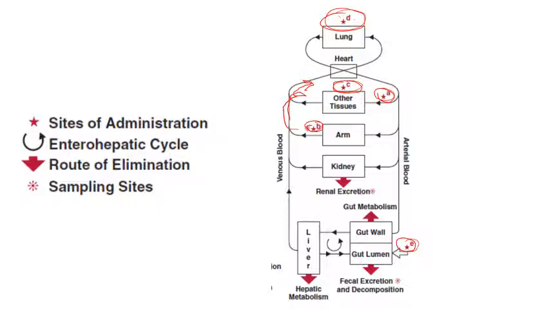For the sampling sites, which are labeled here by the star, we can sample drugs from the venous side. Also, we can sample drugs from the fluid excreted with kidney or urine, and also we can do sampling from the fecal excretion through the gastrointestinal tract. So these are mainly the sites of drug administration and drug sampling.